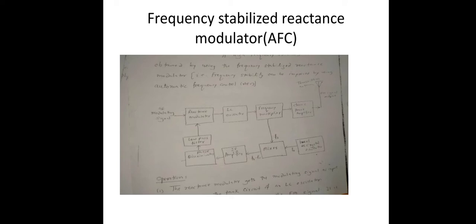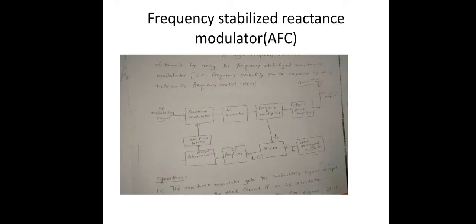There are some boxes: the transmitter antenna, FM signal output, and the AF modulating input, reactance modulator, LC oscillator, frequency multiplier, class C power amplifier, low pass filter, phase discriminator, IF amplifier, mixer, and crystal oscillator. These are used in this block diagram.